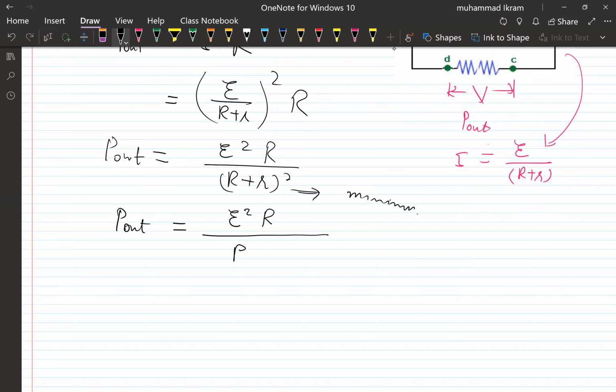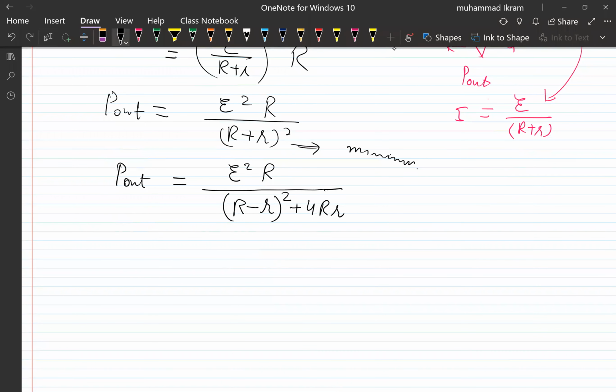What if I write R minus r whole square, plus 4R into r, so that the denominator becomes minimum? If you expand this, you will definitely get R plus r again. This is what I did.